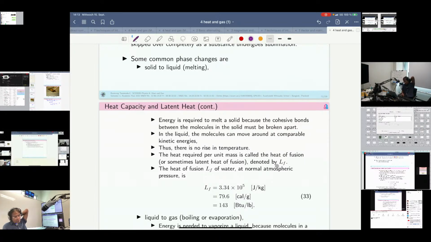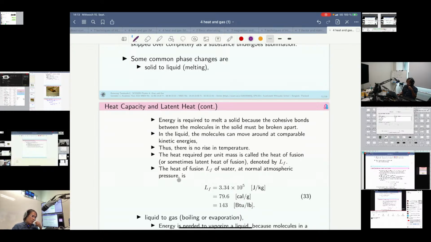Okay, if we say some substance is transforming from solid to liquid, we call it heat of fusion, or sometimes latent heat of fusion, denoted by the variable LF.